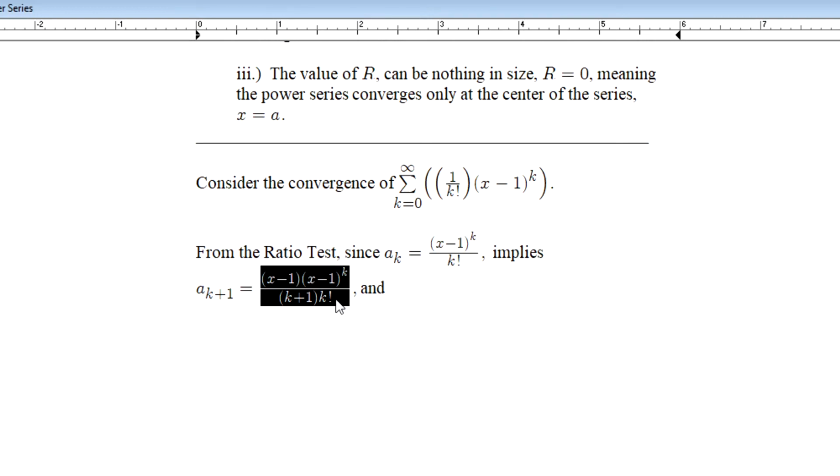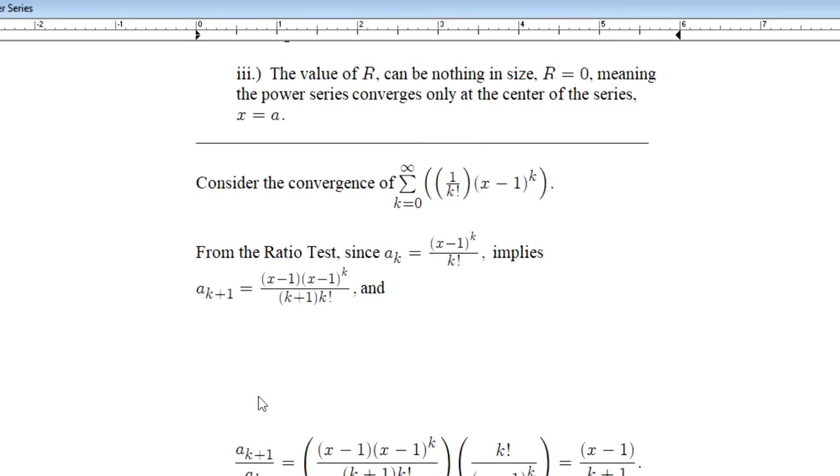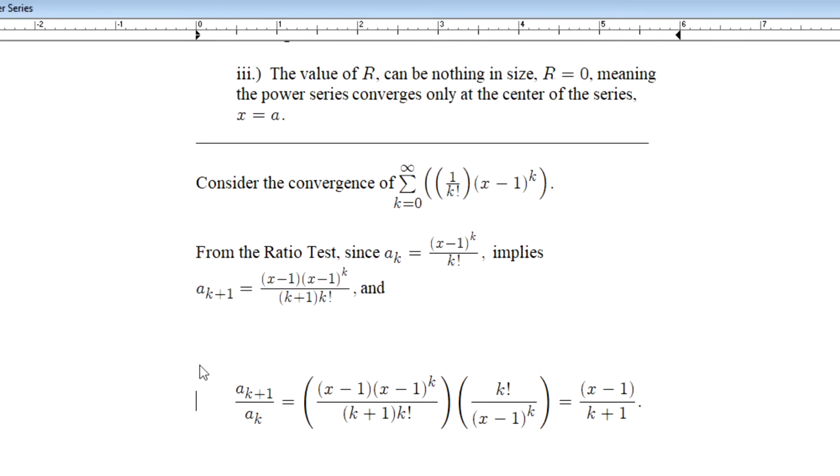We've done this a couple of times already with ratio tests, so we should be becoming familiar with how a sub k plus 1 behaves and how we might want to express that so that in our next step, when we consider their ratio, we have results that cancel nicely.